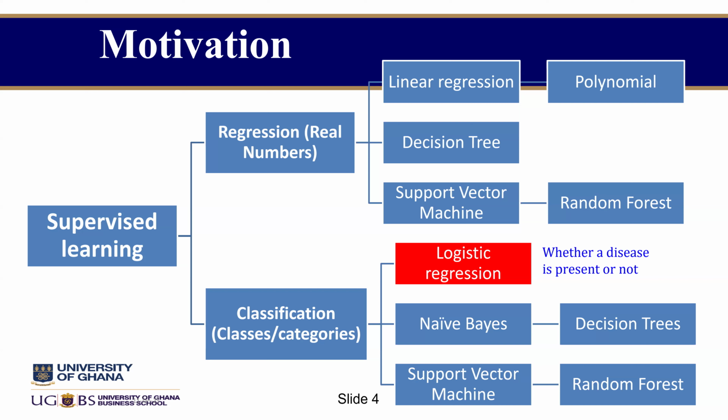Classification uses classes or categories or groups. And regression uses real numbers, actual numbers. So one of the assumptions of regression is that you must have real numbers. Sometimes even when you have categories, you have to code them and make them real numbers.